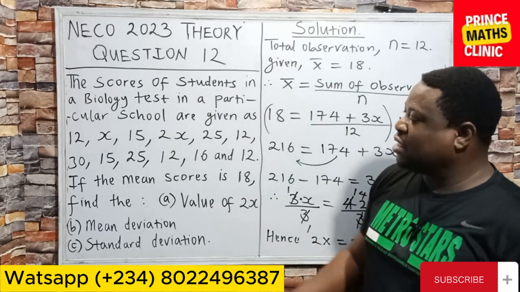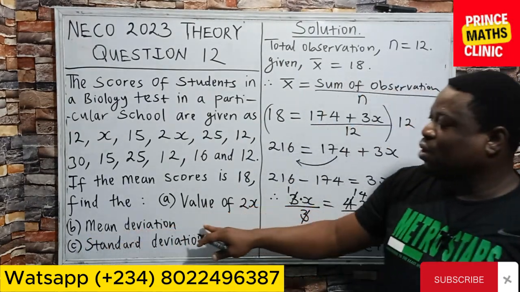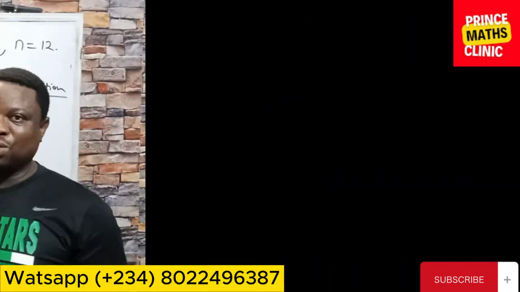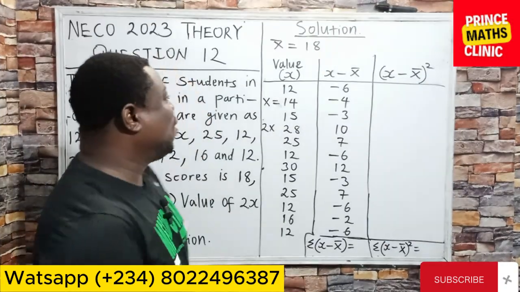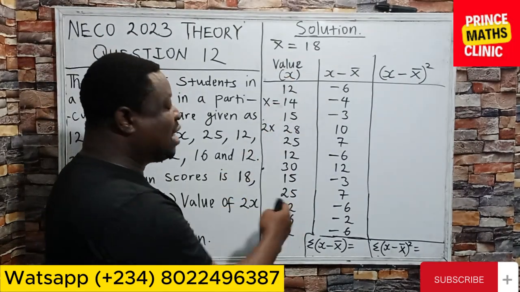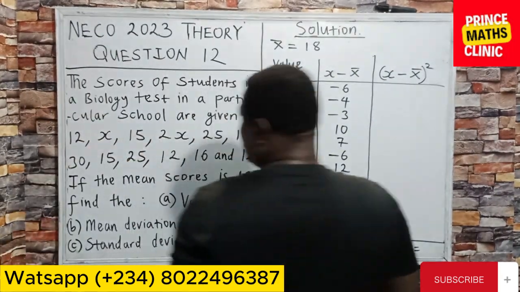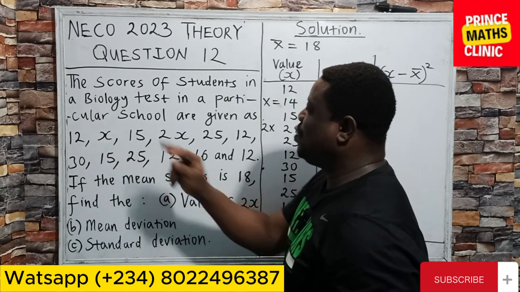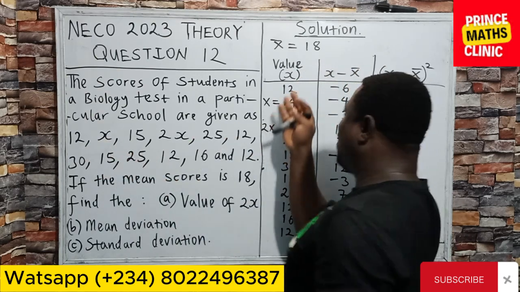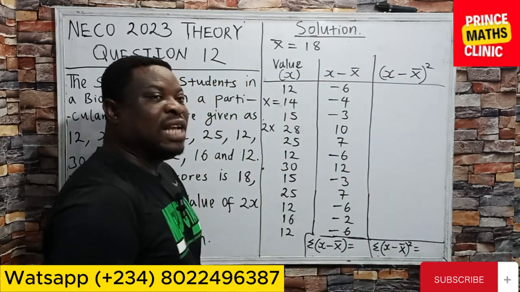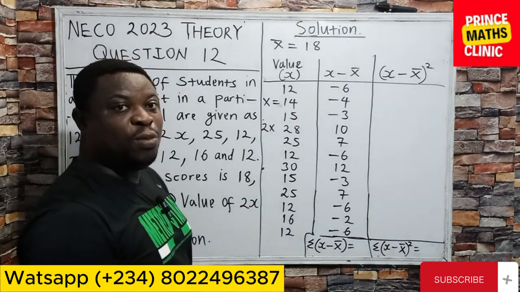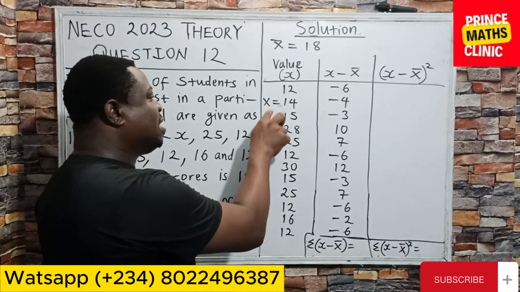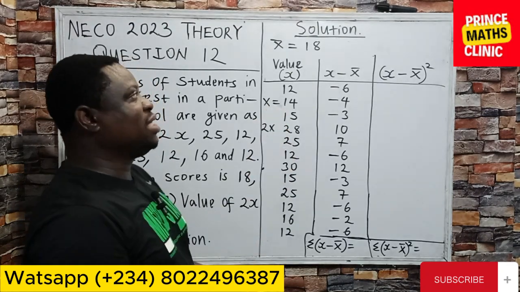So let's look at the second question, on mean deviation. Looking at the board is the list of all the data given to us: 12, x, 15, 2x, 25, everything here. Now, I replace the value of x with 14, since we found x to be 14, and twice the value of x is 28.